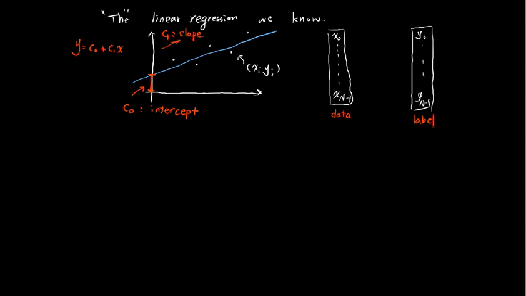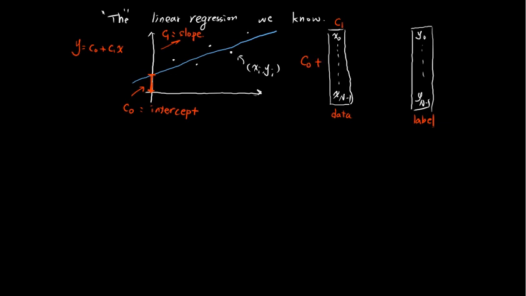So one thing we can do is try to find some scalar, C1, such that after multiplying C1 to all these X, it will be closer to Y. And the other thing we can do is add a constant, C0.